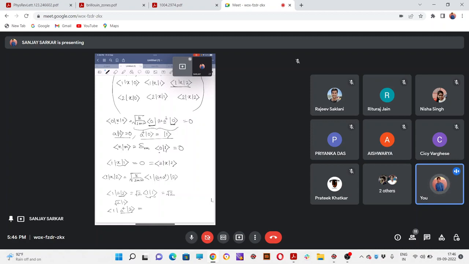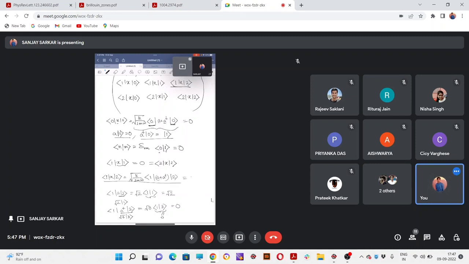Now a dagger applying on 2 will give us root 3 and the state 3, so this is root 3 <1|3>. Using the orthogonality property we can say this is 0.